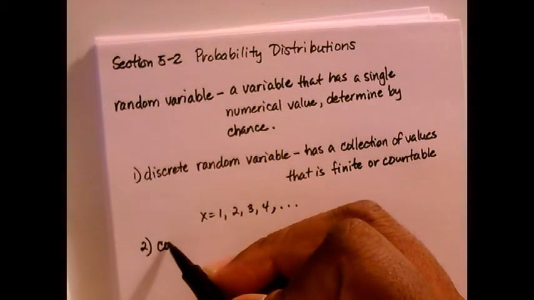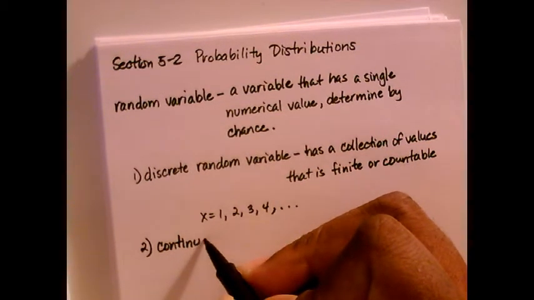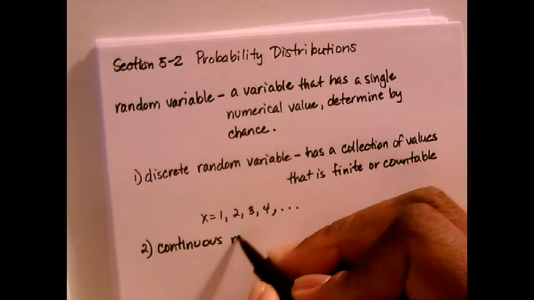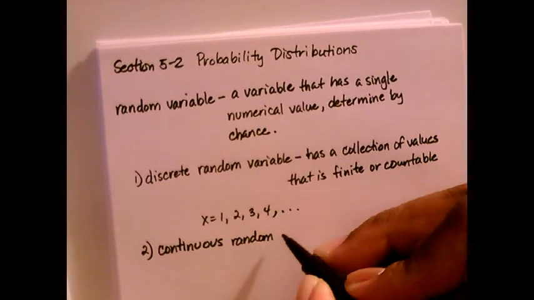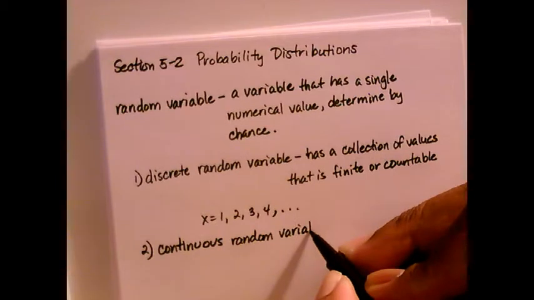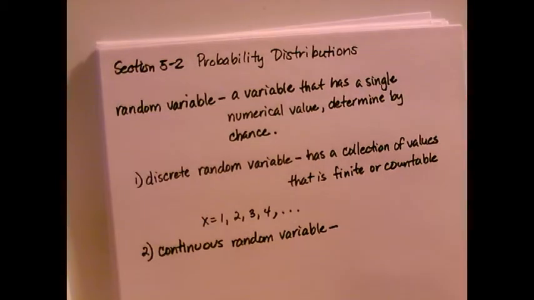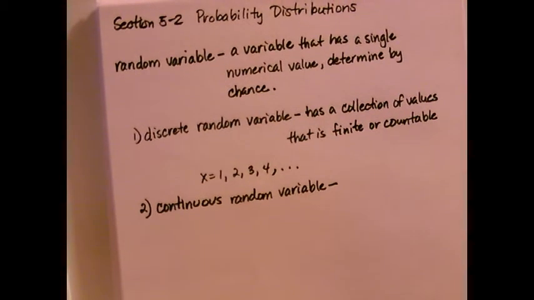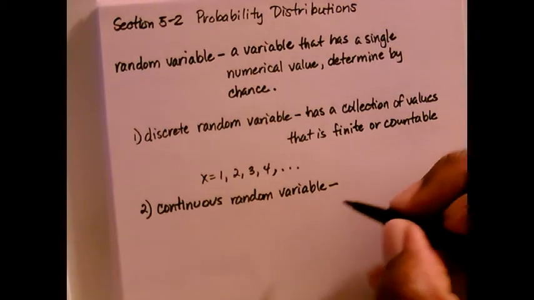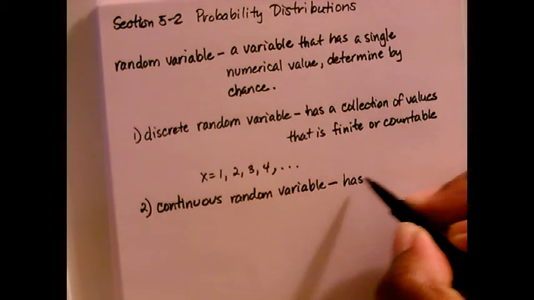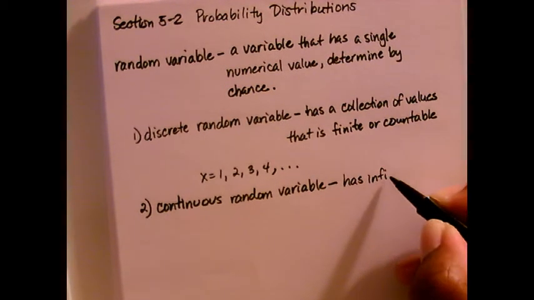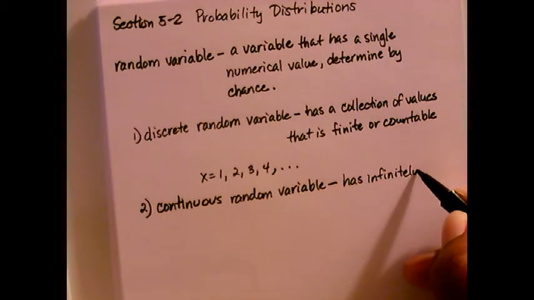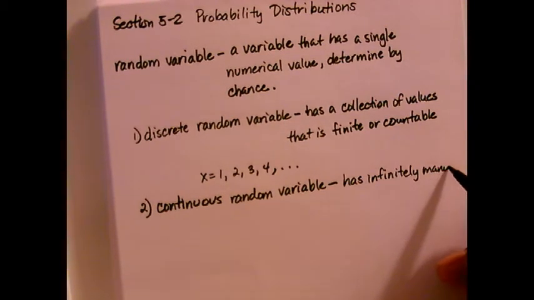And then the second is a continuous random variable. Something that's continuous has infinitely many values on a continuous scale, and it's not countable.